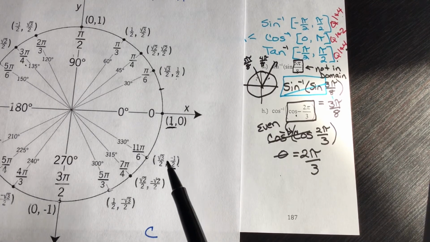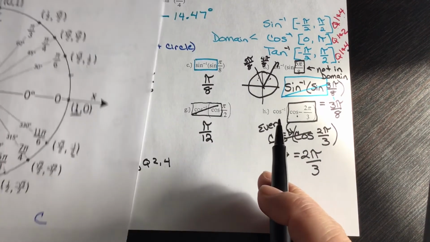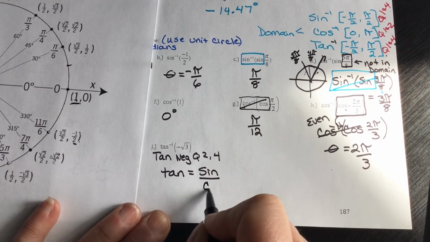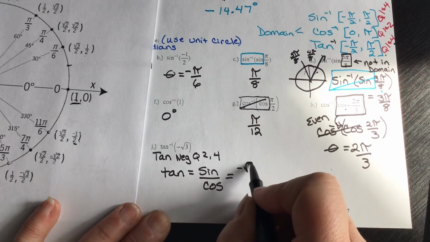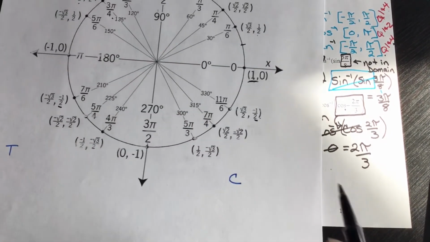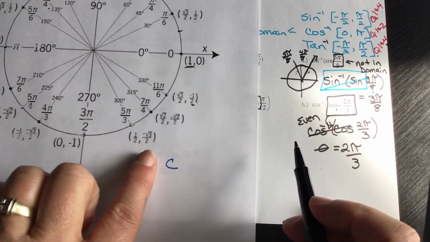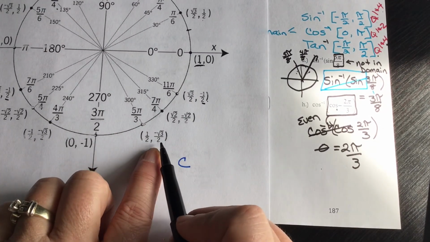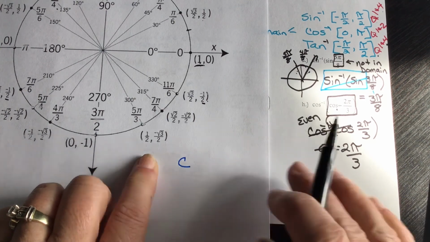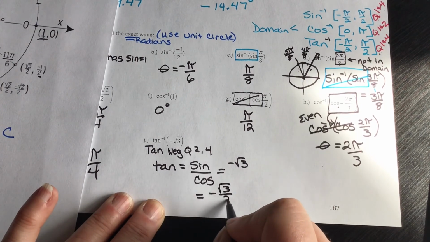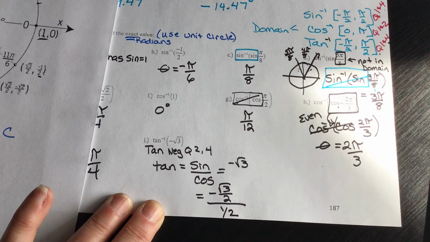Now, negative square root of 3, if I'm looking at tangent being sine over cosine, and I want negative square root of 3 to be on top, I need a sine with negative square root of 3 in the numerator. So this would be, let's try this, negative square root of 3 over 2 divided by 1/2.